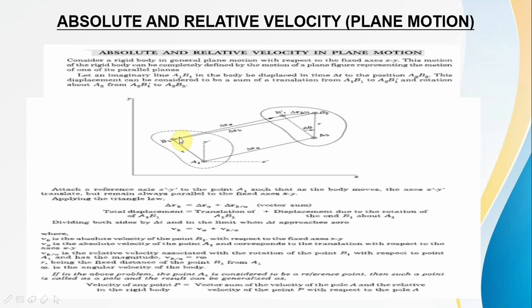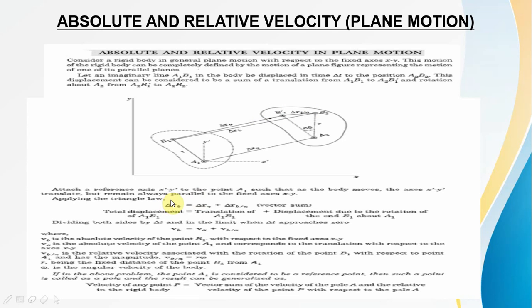So if we see that this whole distance B1 to B2 is, suppose, delta RB, and B1 to B1 dash distance is delta RA, and if B1 dash moves from here to here, then this is delta RB by A, right?